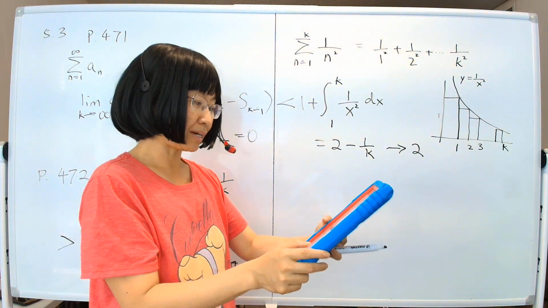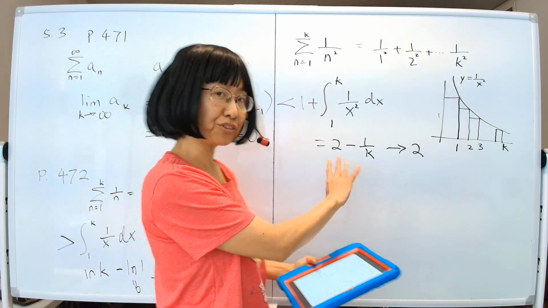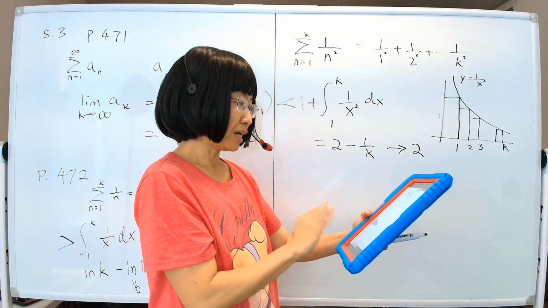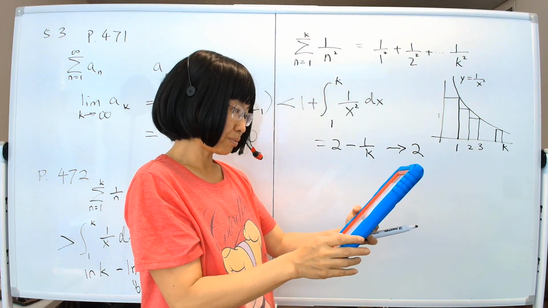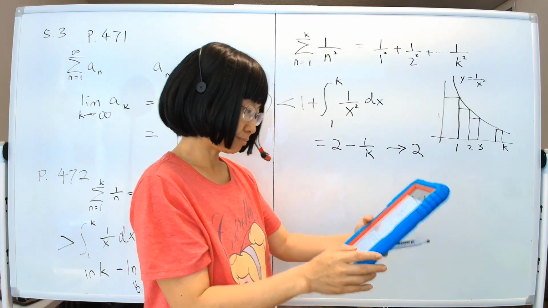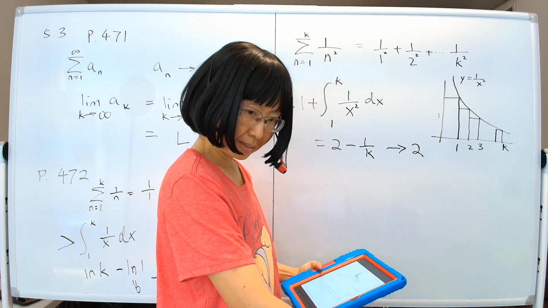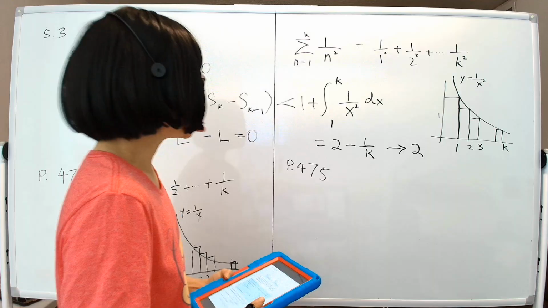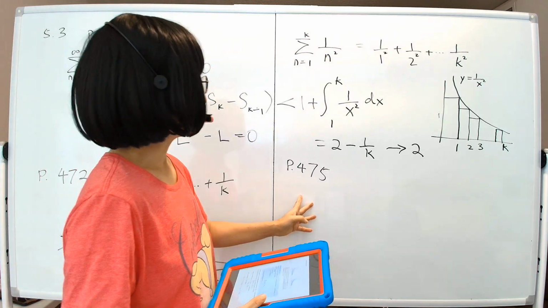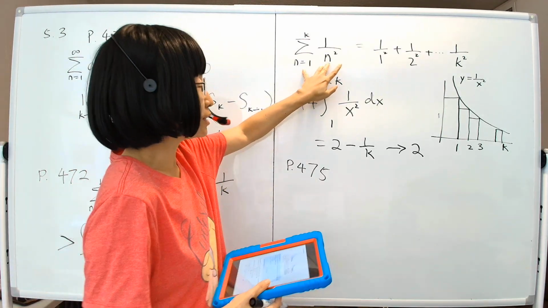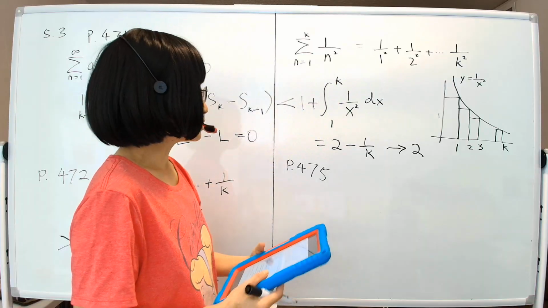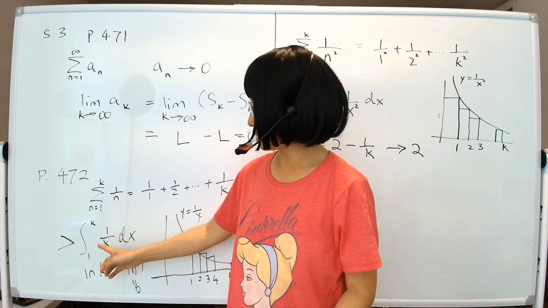And because it's increasing and bounded by 2, with these two examples, in conclusion, what we notice is that the infinite series is bigger than its function.